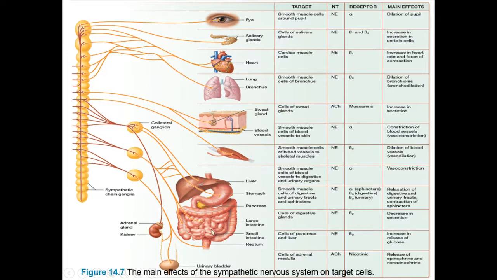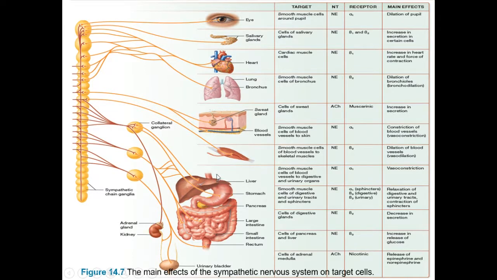Next ones here are going to be digestive, right? So if it's for example digestion, stomach, for example, you might not, again, want to spend too much energy digesting and churning out food because you're under sympathetic stimulation, right?